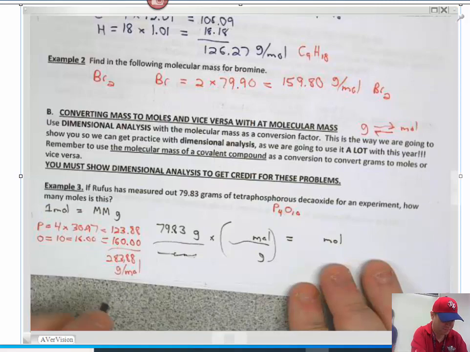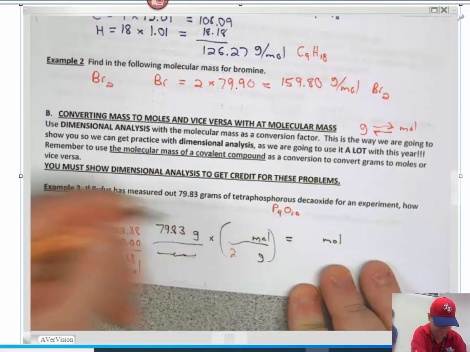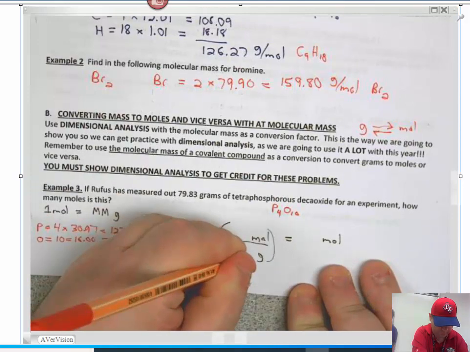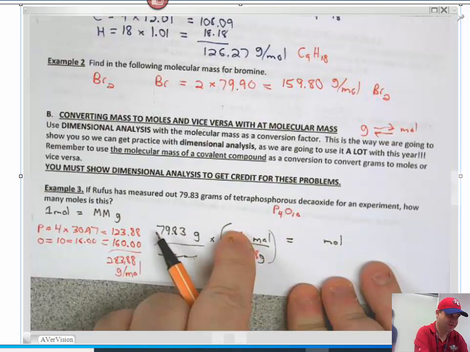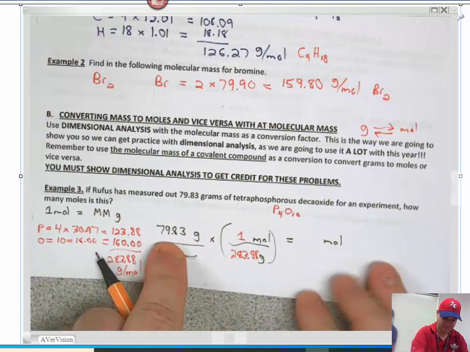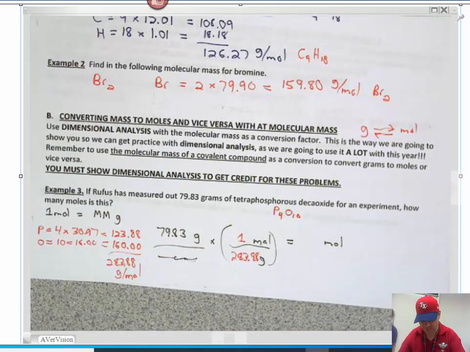Okay, so 283.88 goes right here, and 1 mole goes right there. You multiply across, you divide. This number has 4 significant figures, so our answer should have 4 significant figures.